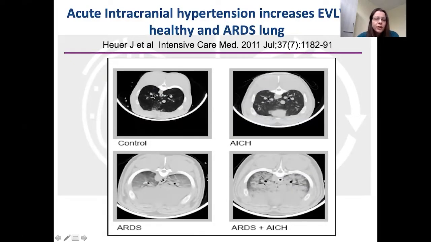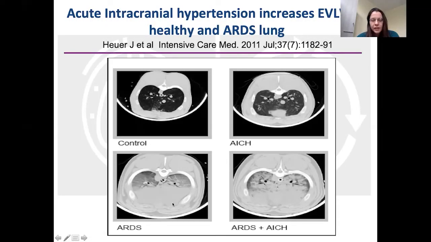And what Hoyer and colleagues found in this study is that intracranial hypertension can per se increase the quantity and the amount of extravascular water at the level of the lung, and that really per se can further damage brain function.